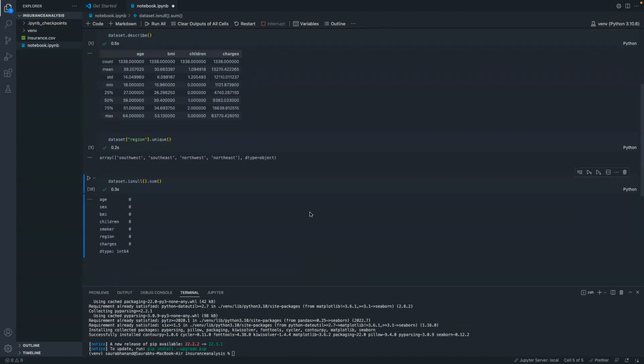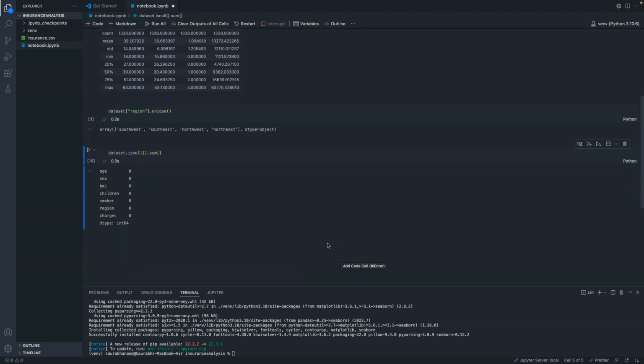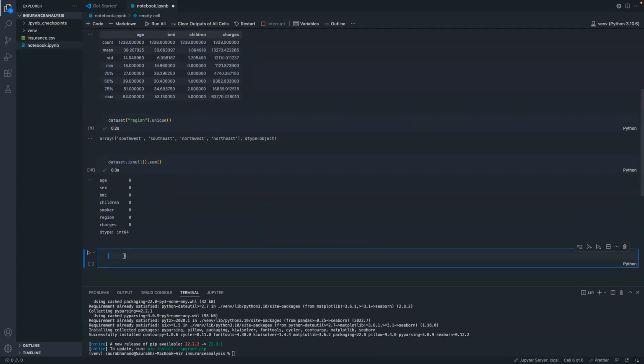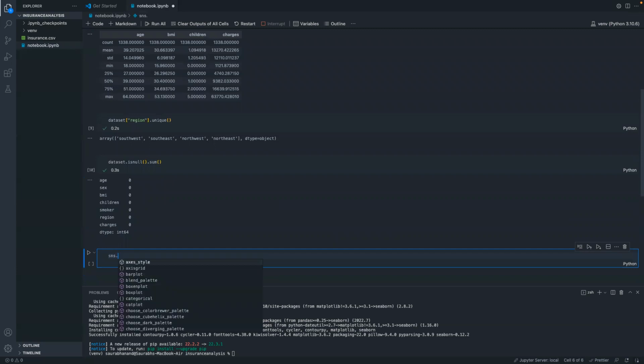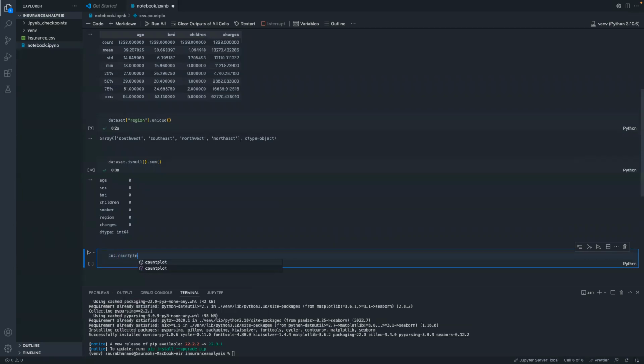So now I want to delve deeper into my categorical features first. For that, we'll use some visualizations to see how they are distributed across this data. There's this one function in the Seaborn library called count plot. I'll code this up and show you, and you'll get more clarity.